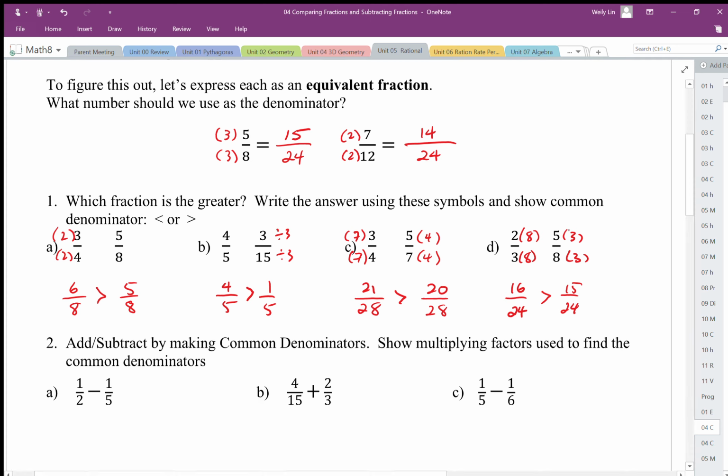Now there is a quick way to do this, although we should really be getting common denominators. If we know that we're multiplying the bottom by 8 here and the bottom by 3 over on the right hand side, and we do the same to the top, essentially we know that the bottoms are going to be equivalent, so we can focus on the tops.